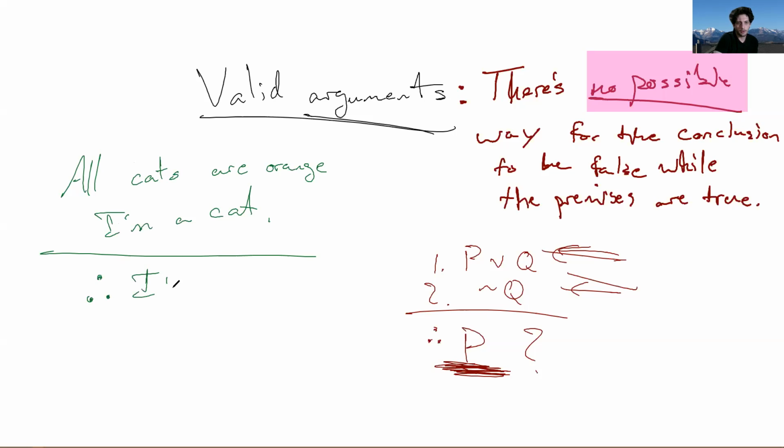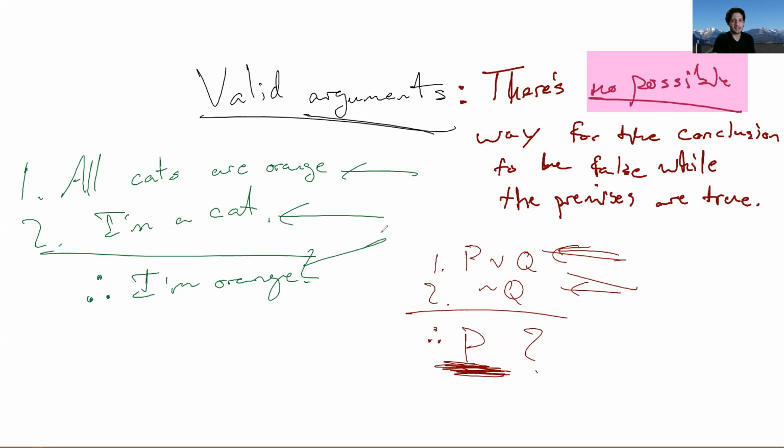Therefore, I'm orange. So let's think for a second, is this argument valid? We have these two premises, and we ask the question, is there any possible way for the conclusion to ever be false if the premises were true?